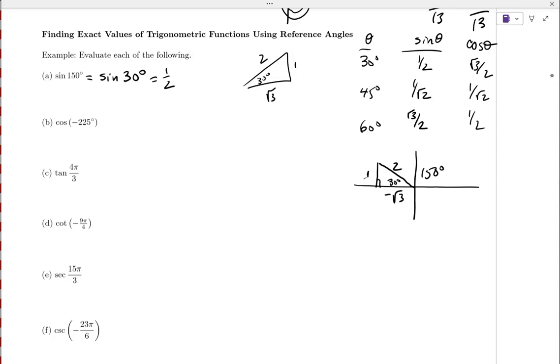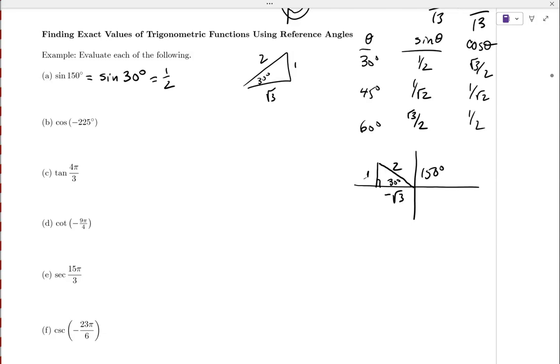I didn't have to do anything special. I'm just using the reference triangle, figuring out where that terminal side lands. And I notice that my reference triangle is above the x-axis, so the y-coordinate's positive, so it's a positive 1/2.